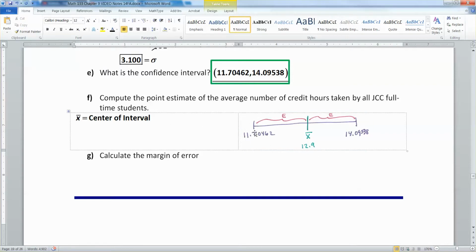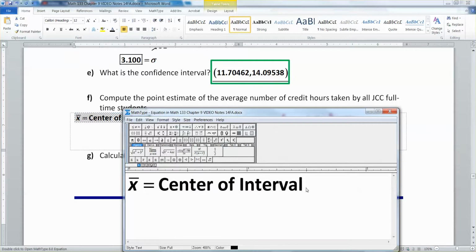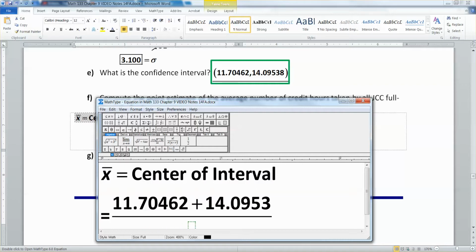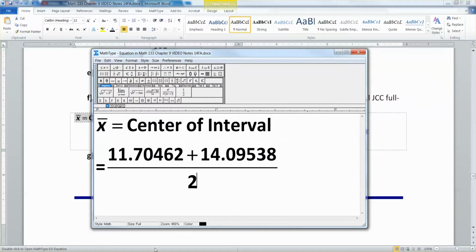So I have the lower side, which is 11.70462, and the upper side, which is 14.09538. And what I want is the middle of that. So I'm going to find those numbers, 11.70462 plus 14.09538. I'm going to add them up and divide by 2. So let me grab the calculator.